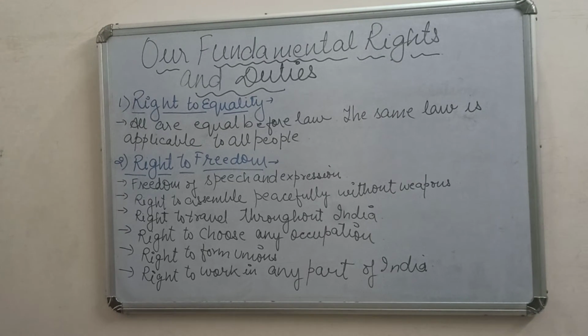The same law is applicable to all the people. Clear? Then, number 2 is your right to freedom. When we say freedom, it means different kinds of freedoms are given to all the people of India. So, let us say that there are 6 areas where the freedoms are given.